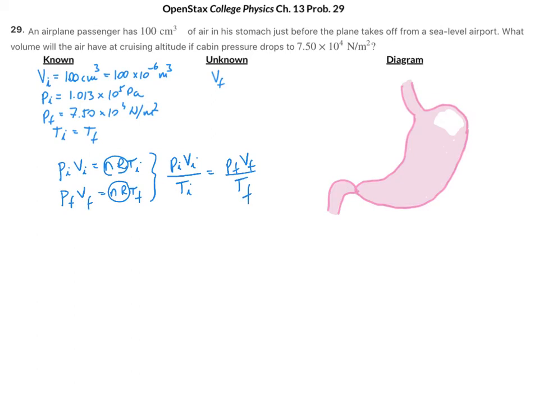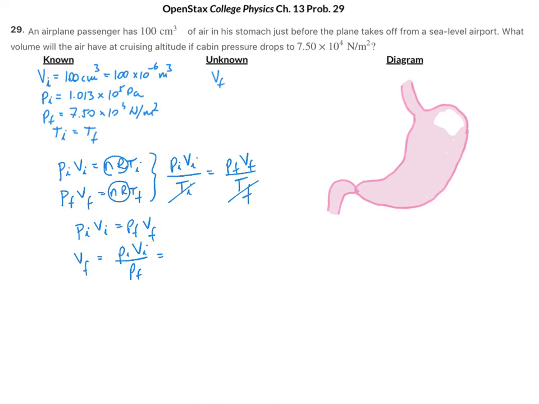But we know that the temperatures are the same, so we can cancel those out, and then we're left with P initial, V initial equals P final, V final, also known as Boyle's law. We're looking for V final, and that's P initial, V initial divided by P final.